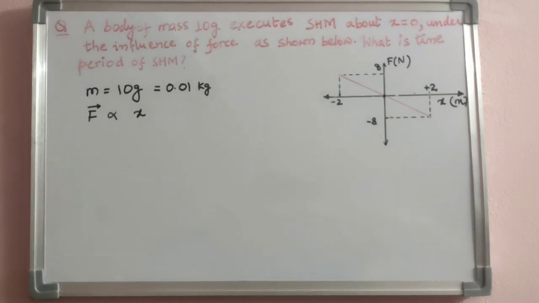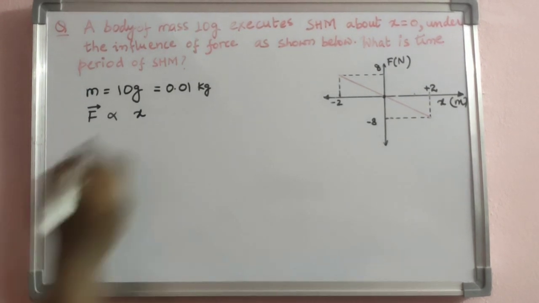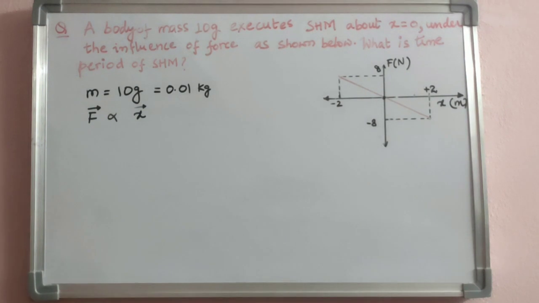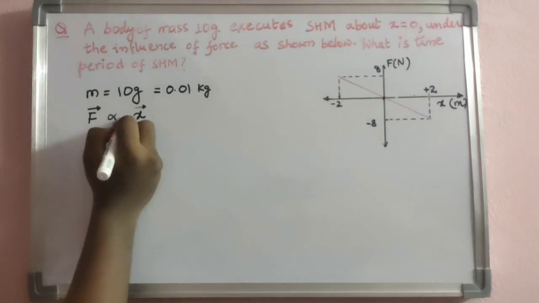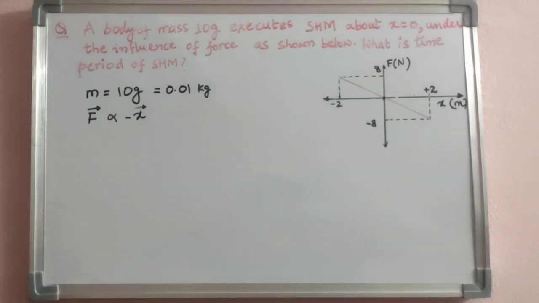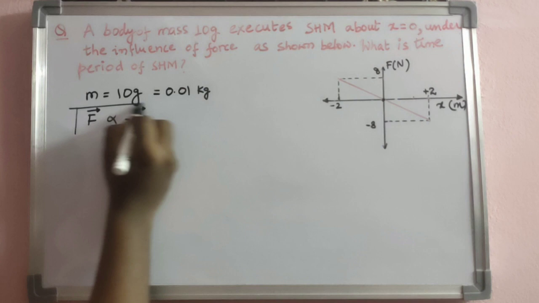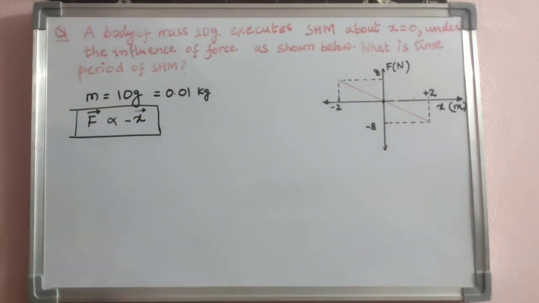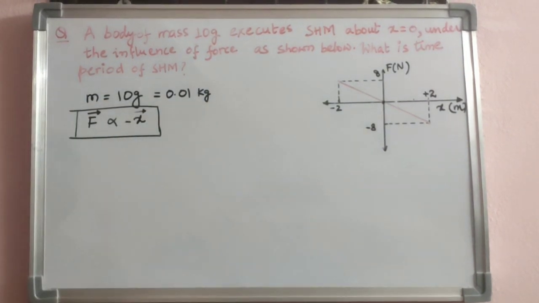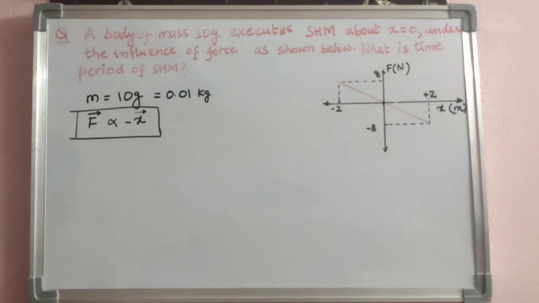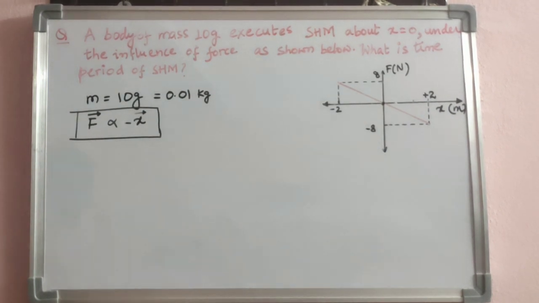Displacement, I am representing it with x, and the direction of the force is always opposite to the displacement, or you can say that it is always towards the mean position or equilibrium position. So this is the characteristic of simple harmonic motion.